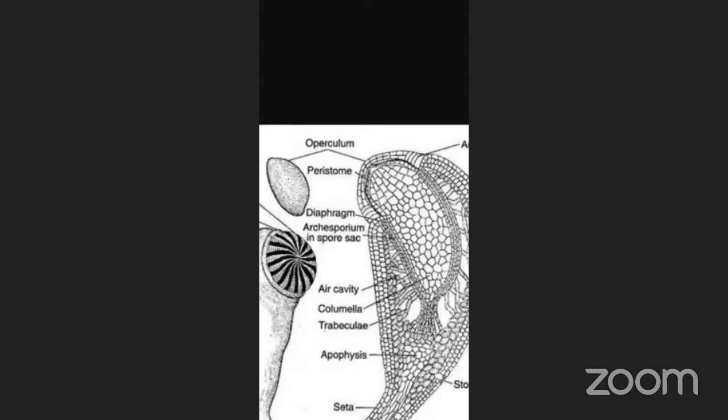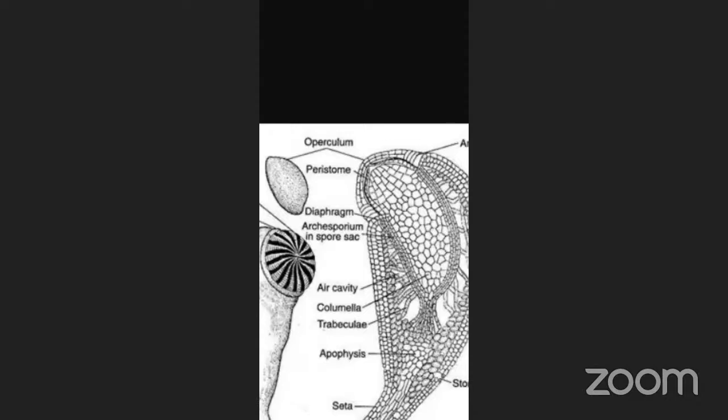As a result, this ruptures the annulus and the operculum, and the operculum is detached. The hygroscopic peristome teeth help move away the operculum and also help in the spore dehiscence.